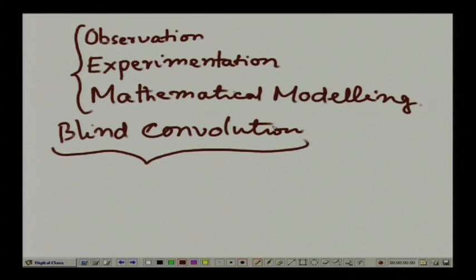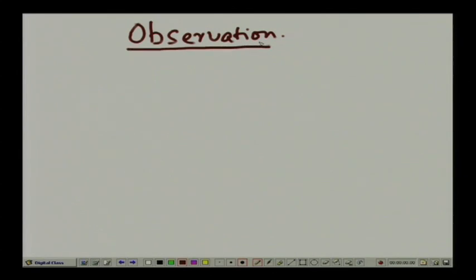So, we will talk about these degradation functions one by one. The first one that we will talk about is estimation of the degradation function by observation. When we try to estimate a degradation function by observation, no a priori knowledge of the degradation function is given.